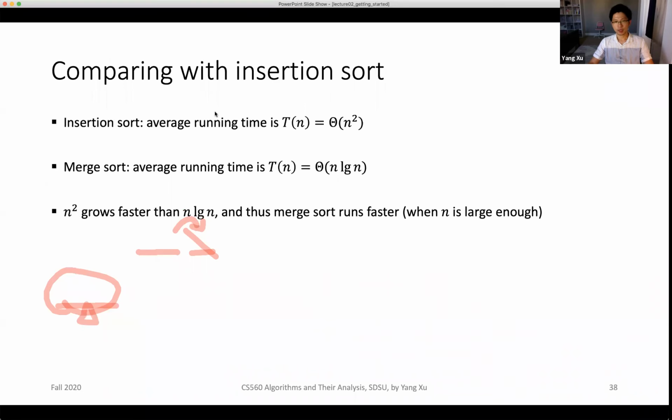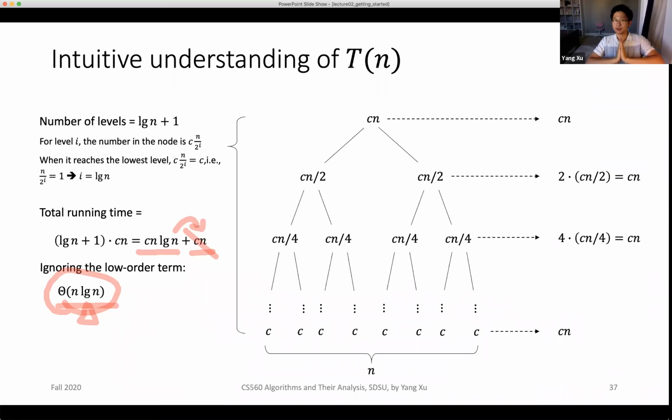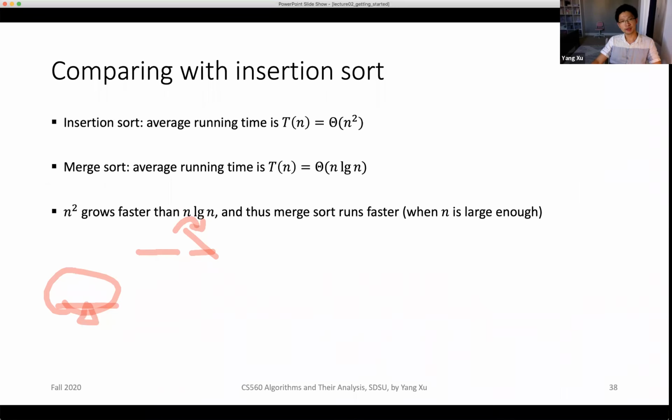Okay, so that's it for the running time analysis for merge sort. And now let's look back and compare it with insertion sort. For insertion sort, the average running time is big theta of n squared, right? We did that analysis because in the worst case, the while loop needs to compare with all the elements before the key value.